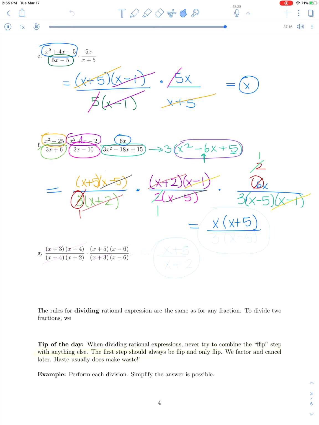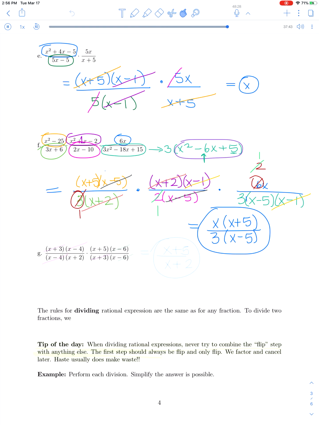On the bottom we have a 3 and an x minus 5. Notice we have to write the parentheses around the x plus 5 and the x minus 5 because they are not by themselves on the top and the bottom. If you wanted to do anything, you could distribute the x on top and distribute the 3 on the bottom, but that is not necessary. You can leave your answer as is.